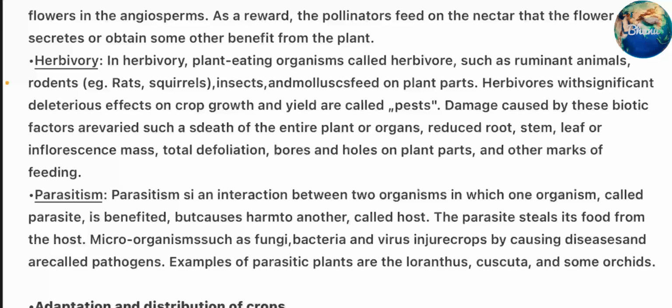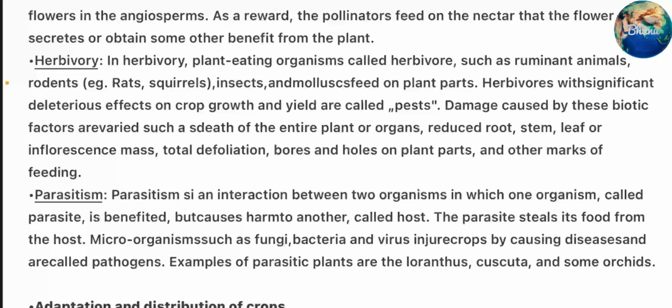Damage caused by these biotic factors is varied, such as death of the entire plant or organs, reduced root, stem, leaf, or inflorescence mass, total defoliation, bores, and holes on plant parts, and other marks of feeding.